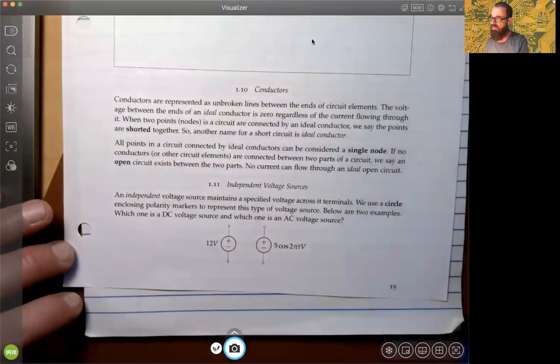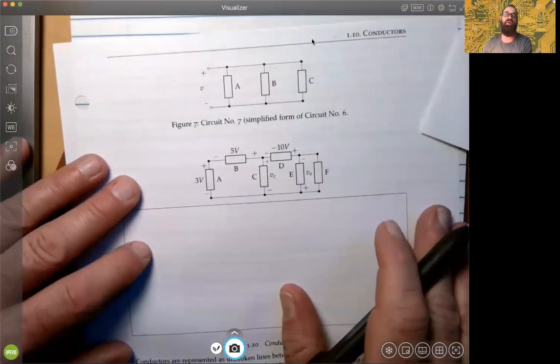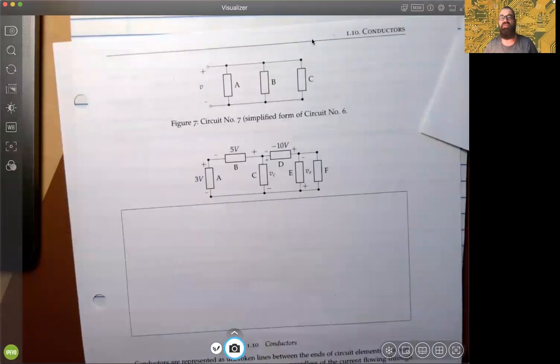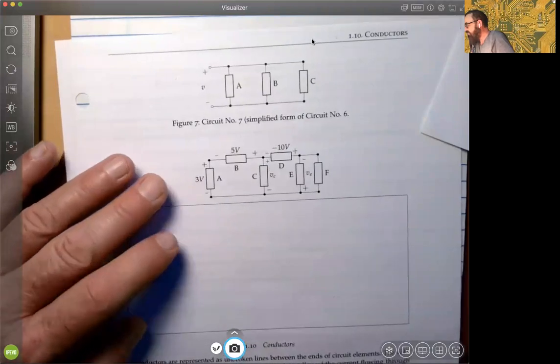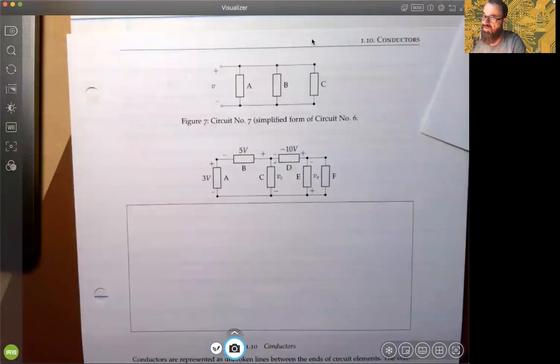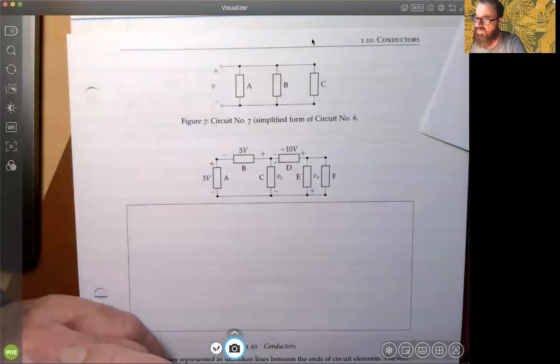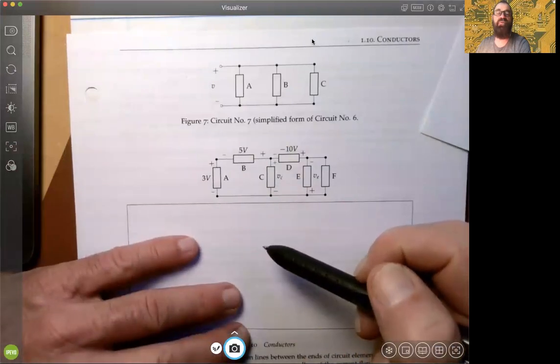This is again at the top of page 15 now. Clearly, you can see the dynamic we have here. We're interested in getting VE and VC. This was the diagram from the previous one.